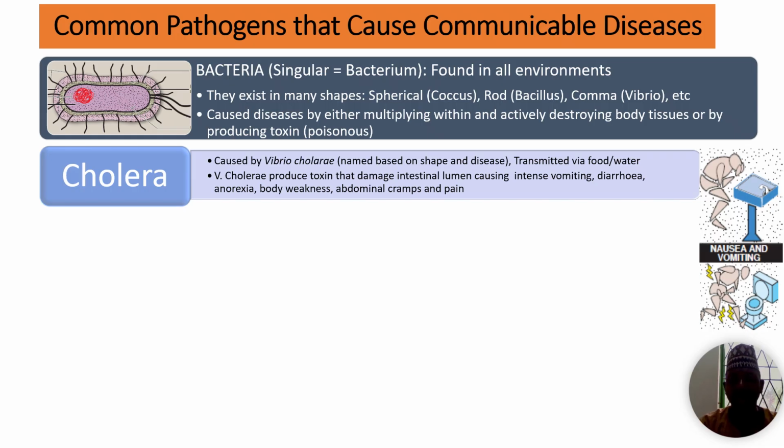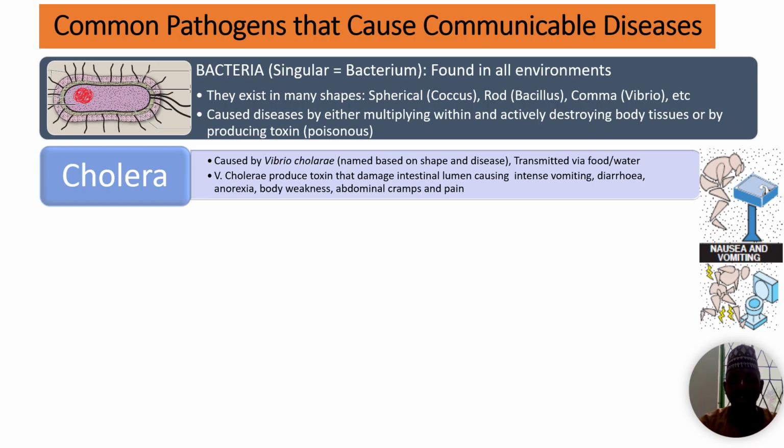Cholera is one of the most common bacterial diseases in the environment that affects the gastrointestinal tract, and it is characterized by intense vomiting, diarrhea, anorexia, body weakness, abdominal cramps, and pain.